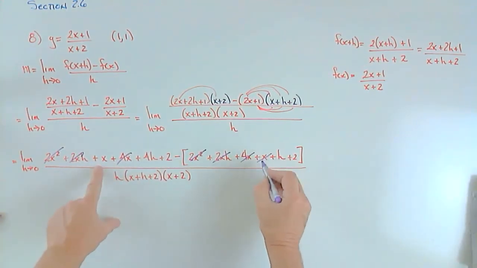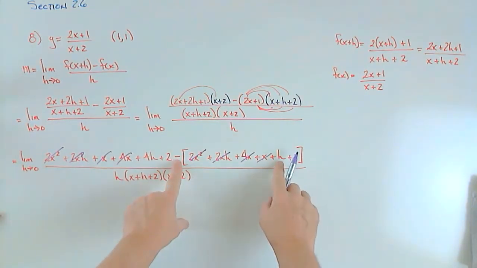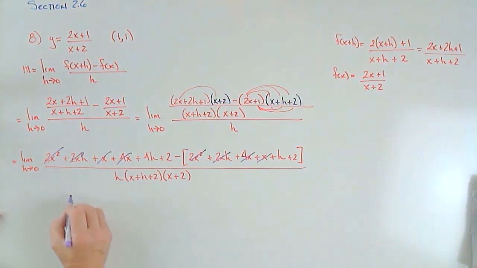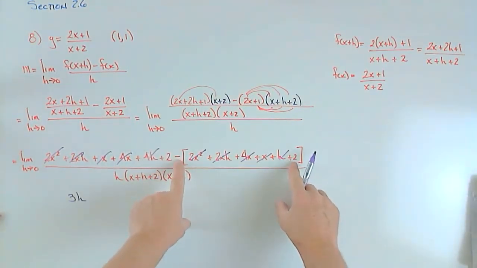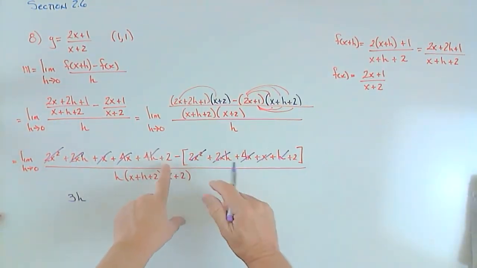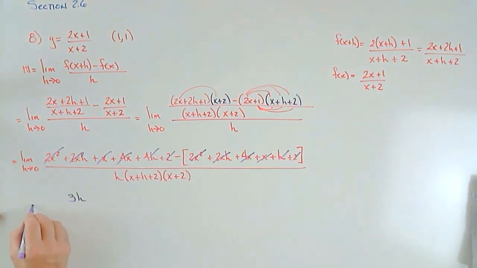Here's positive x. Here's a negative h. Here's a 4h. So that's going to leave me 3 h's on the top. Here's a negative 2. Here's a positive 2. So the only thing left in the numerator is 3h. Our denominator stays the same.